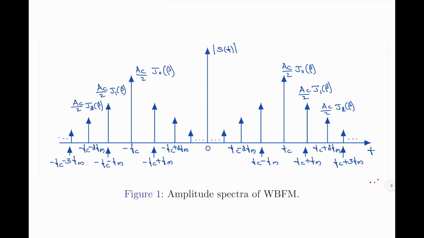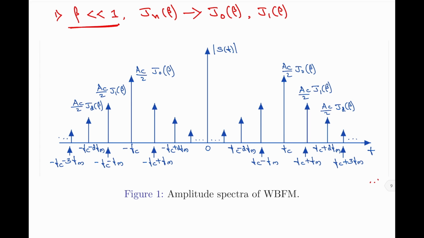Coming to the second observation, which is really important, if the value of beta is much lesser than 1, then among so many Bessel coefficients which are given by Jn of beta, only two coefficients will remain, which are J0 of beta and J1 of beta. Therefore, for such a condition, when beta is much lesser than 1, the FM signal effectively comprises only three frequency components, which are Fc, Fc plus Fm and Fc minus Fm.